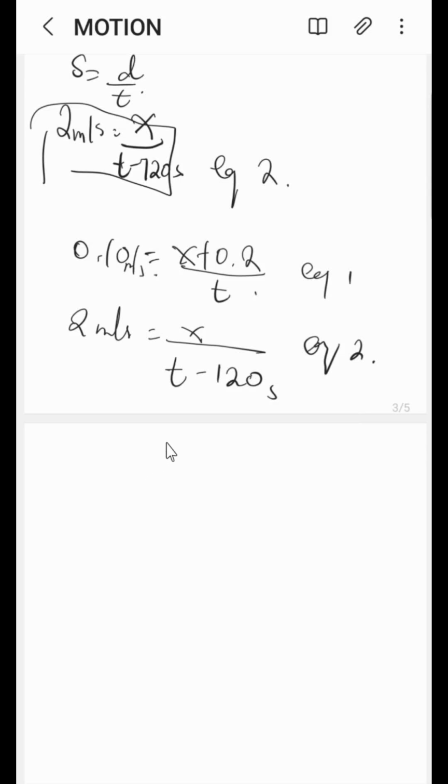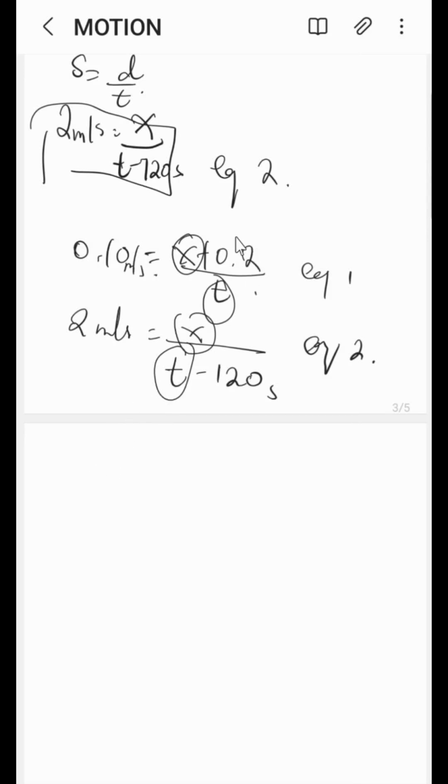Now we can solve this simultaneously. Why? Because we have constant variables, and if you have constant variables in two or three equations, you can use simultaneous equations. We can just use whichever is easier. You can make either the subject of the formula and replace in either equation.